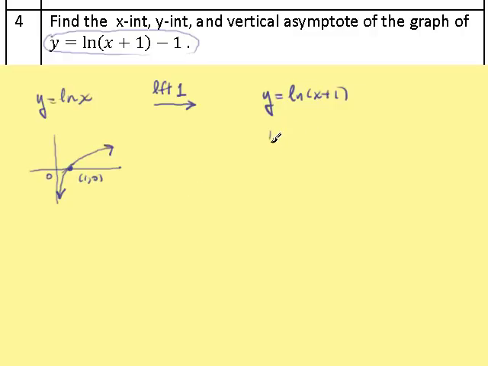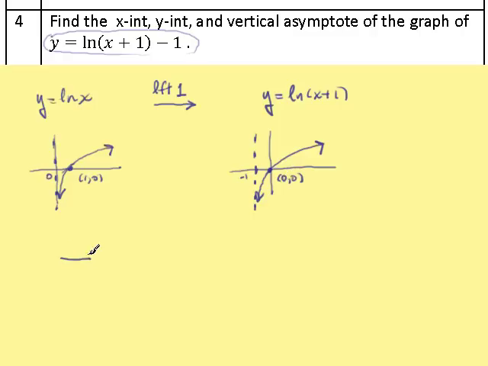So everything is moving to the left 1, so 1, 0, subtract 1 from the x-coordinate, and that moves to 0, 0. This vertical asymptote at x equals 0 is going to move to x equal minus 1. And so we get this picture.